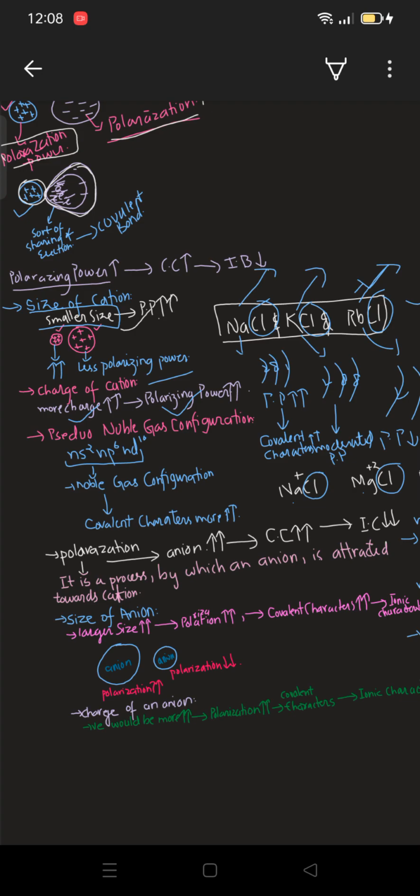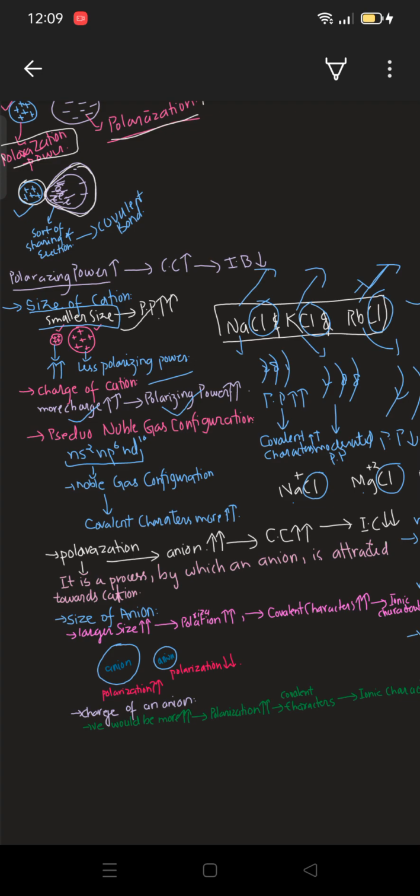Then we discussed the conditions with respect to cation. We know that in an ionic bond we have two parts, one cation and one anion. Polarization is a process by which the anion is attracted towards the cation. So the anion slides a bit towards the cation, and this is a bit of sharing of electrons, which is what we call the covalent bond.